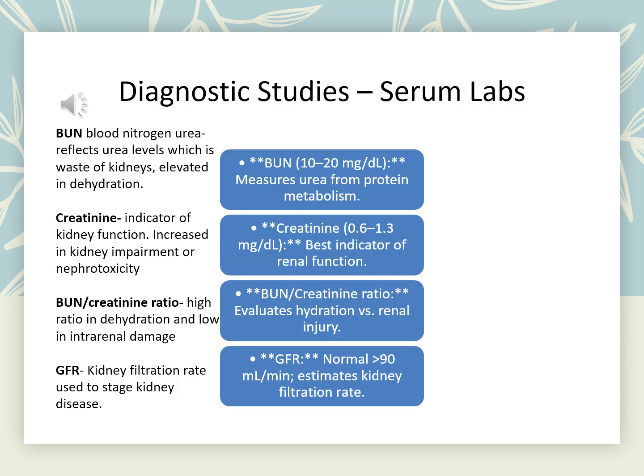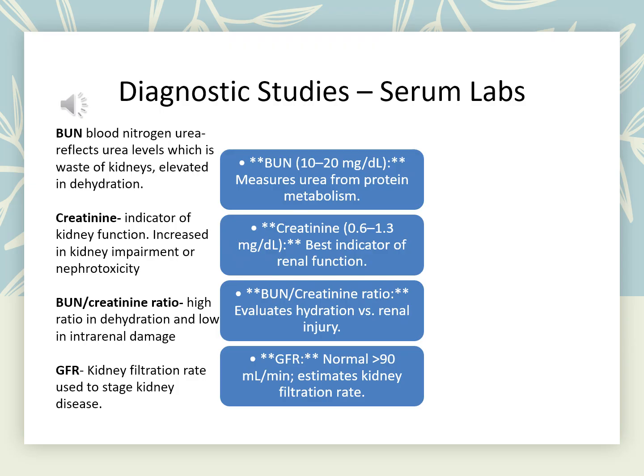This is our best indicator of our renal function. In our kidney impairment or nephrotoxicity, this is increased. When we look at our BUN creatinine ratio, this evaluates our hydration status versus renal injury. So our BUN creatinine ratio will be high in dehydration and typically lower in intrarenal damage.